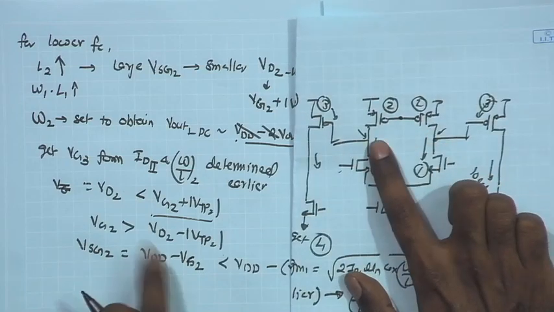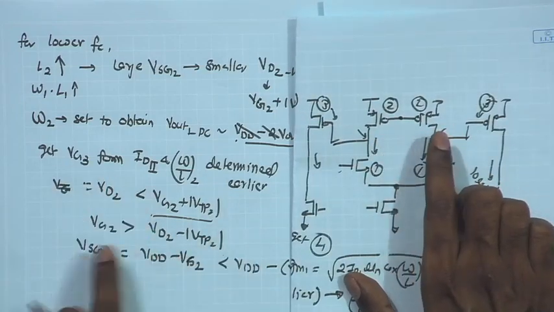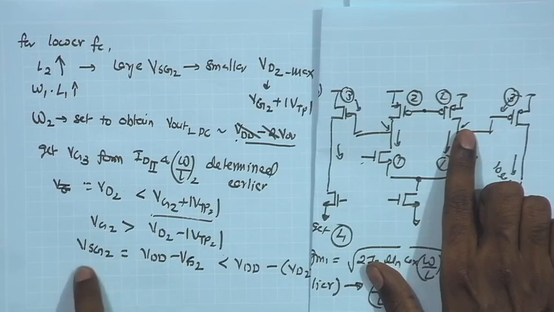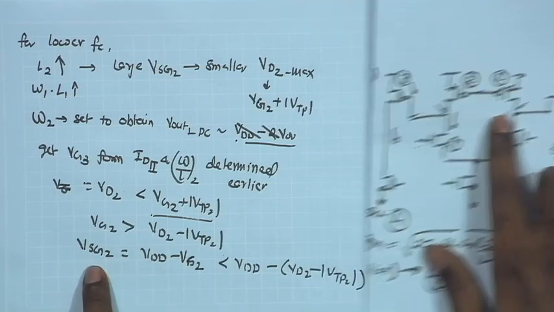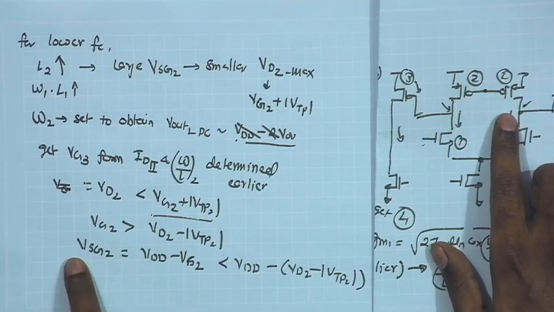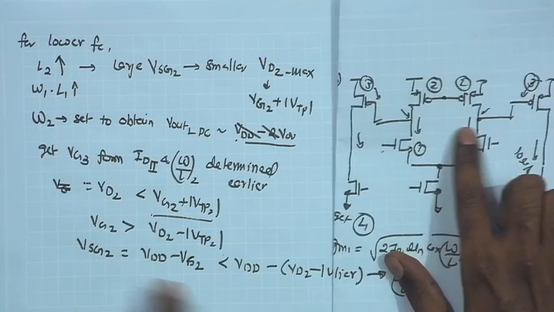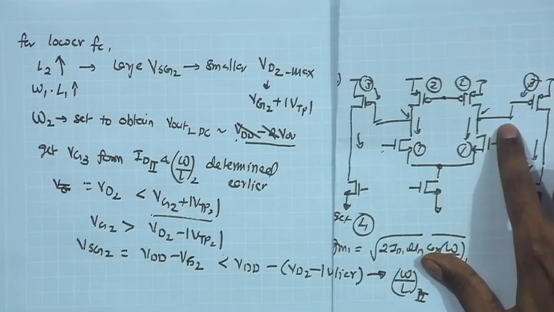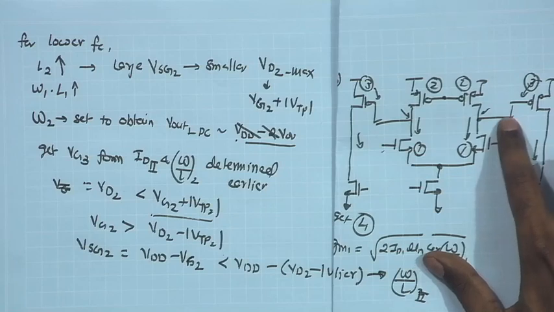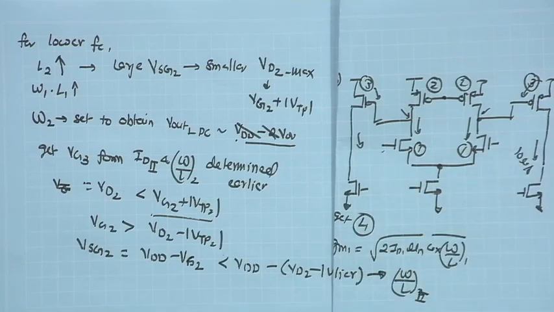So, I already have the L determined from 1/f noise, and then I can set the W of the two transistors following this equation. So, I have the VSG requirement coming from the expected gate DC potential, and from there I can set the VSG2.